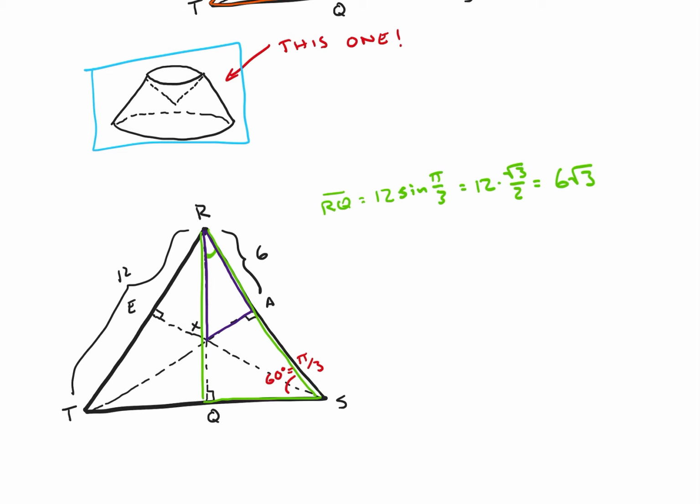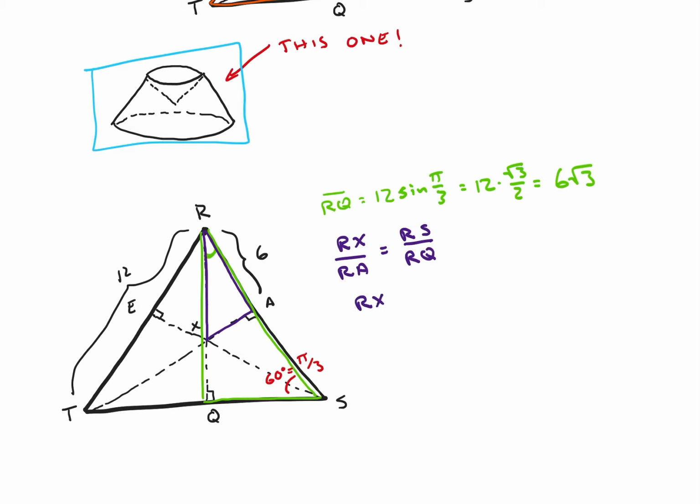So what I'd like to do now is take a look at a new triangle. So let's look at the length RX. If we want to get that length RX, since we have similar triangles, I know that RX divided by RA is going to be equal to the length of RS over the length of RQ. And I actually know most of those lengths.